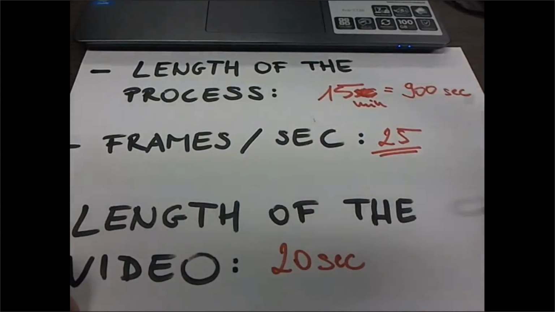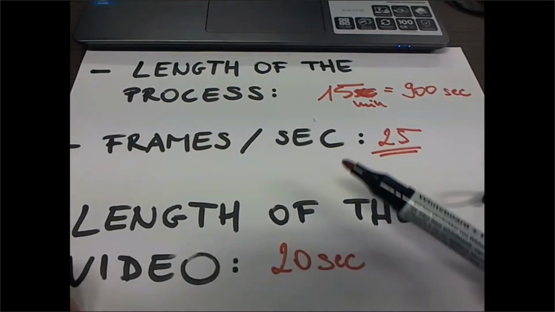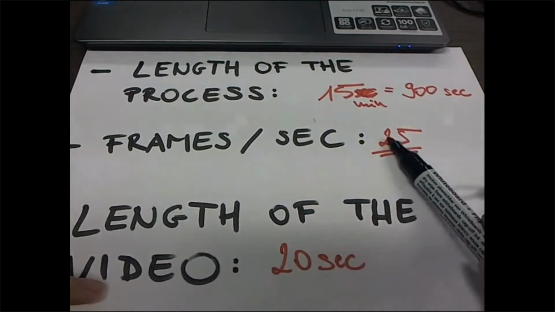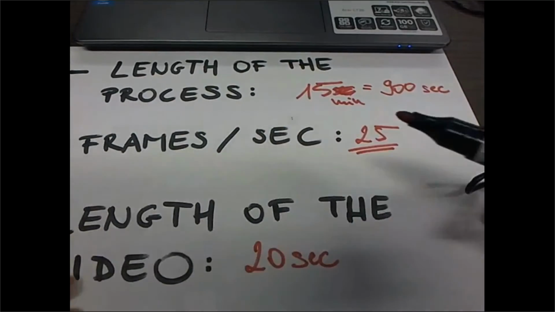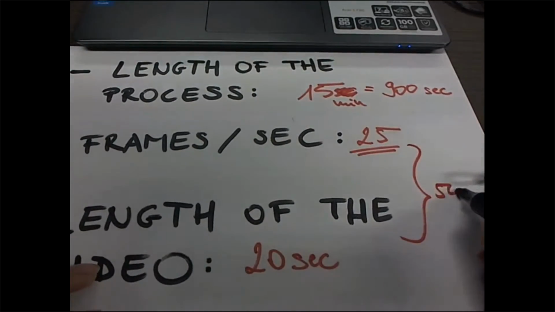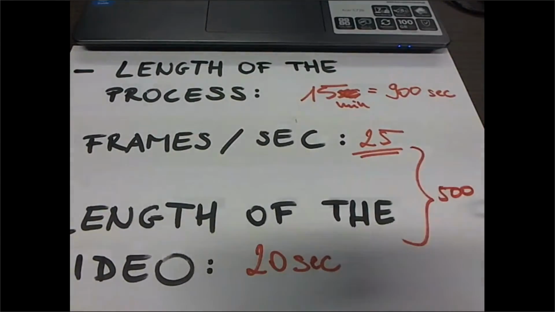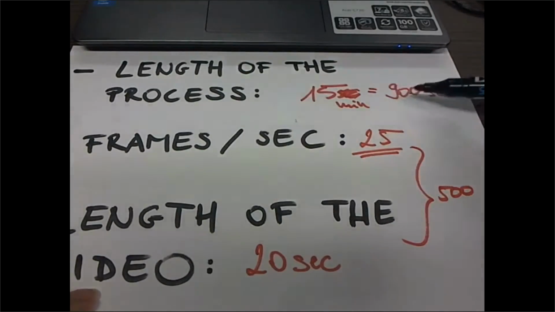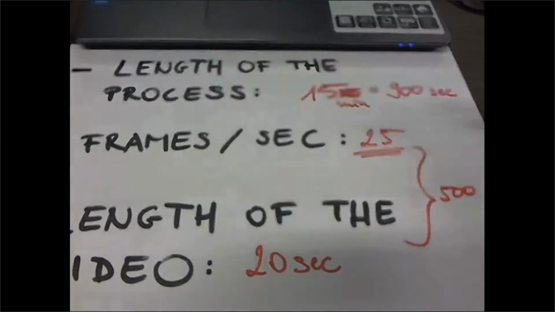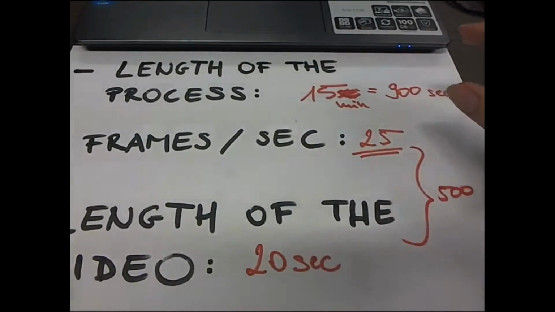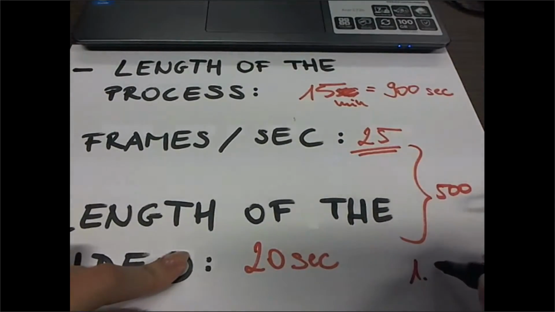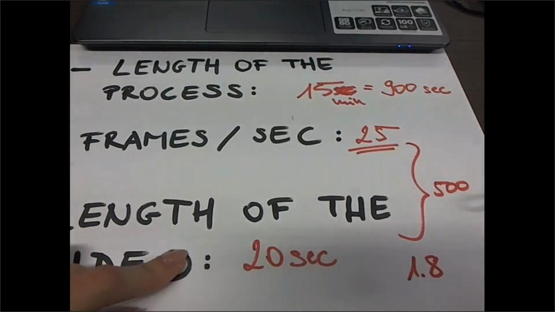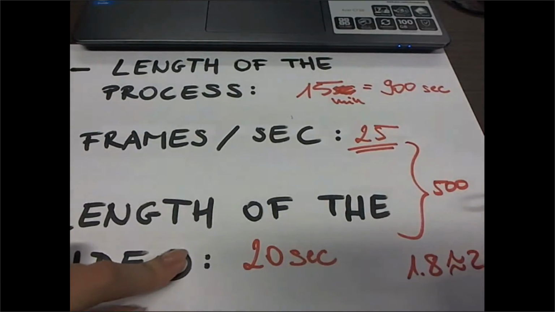So if you multiply this 25 by the 20, you get 500, which is the number of images you will need altogether. So if you divide the 900 by the 500, you will get the length of the time between frames, which is 1.8, which can be rounded to 2 seconds.